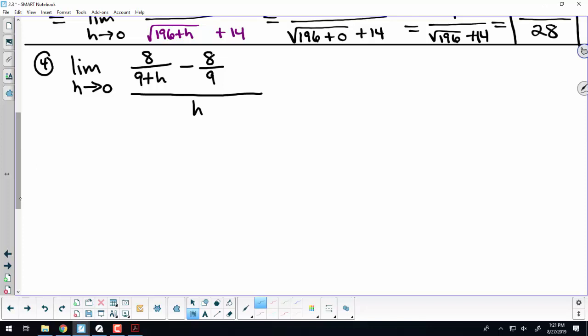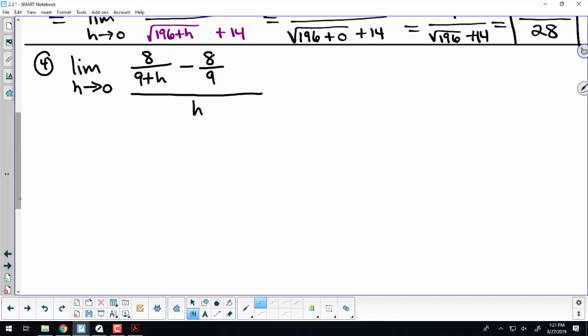Okay, so that was one strategy we had from algebra or pre-calc. The other one involves complicated or complex fractions, where you have fractions within fractions. Again, a lot of these limits are simply algebraic processes, like how do I simplify this particular expression?